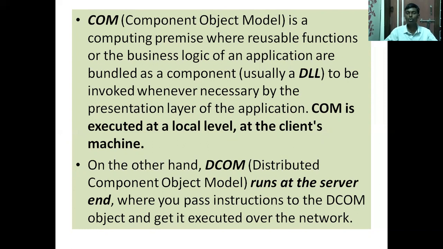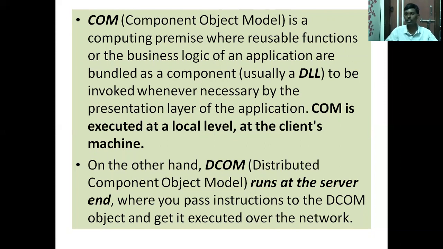COM is executed at a local level on the client's machine. As I said before in the differences, COM works on the client-side environment. So here I'm saying that COM is a computing premise where reusable functions are bundled as a component, which is a DLL, to be invoked whenever it is needed. COM is executed at the local level.